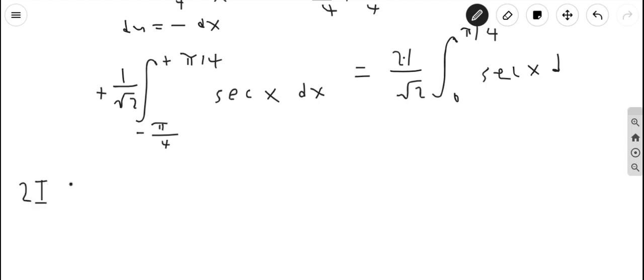This integral of secant of x has a well-known formula. It's the natural log of secant of x plus tangent of x, from 0 to pi over 4.